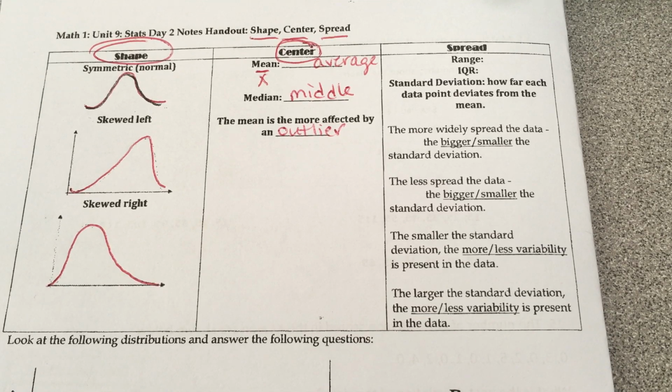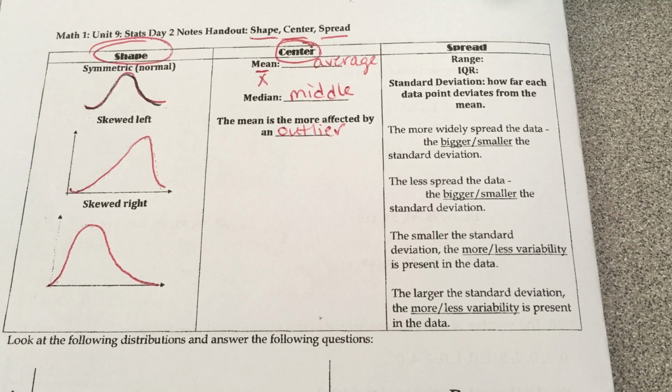You add all the numbers up and then you divide. So if somebody makes 100, they're going to pull the class average up. It's not really going to affect the median. The median is just the number in the middle. Does it matter what the highest or lowest number is for what's in the middle? No. It's just whatever's in the middle.